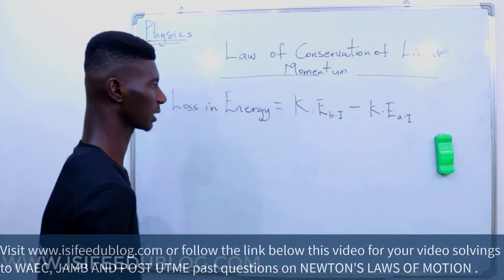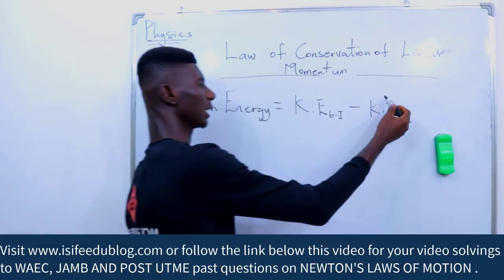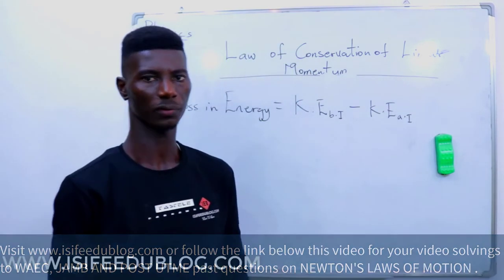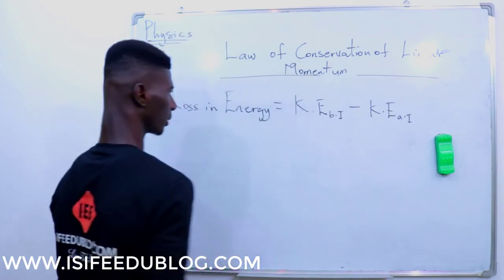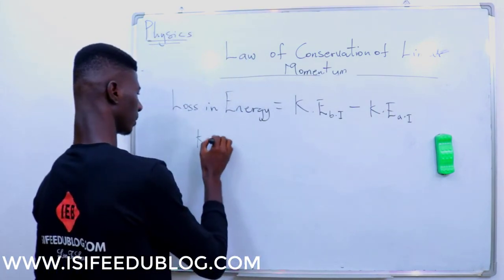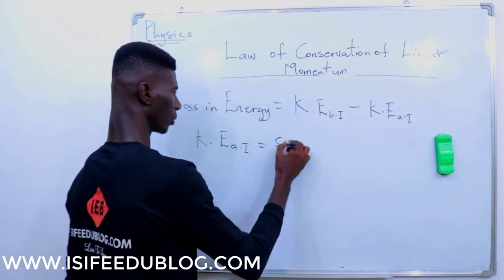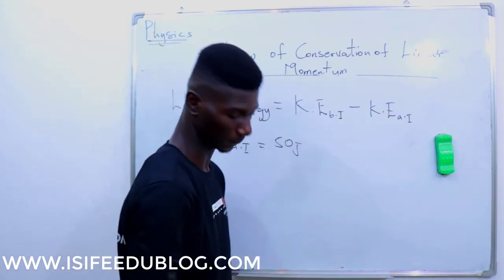It's as easy as that. We have calculated the kinetic energy after the impact in the previous question and we got 50 joules. So we can just put that down. The kinetic energy after the impact is 50 joules. So we don't need to repeat it again.